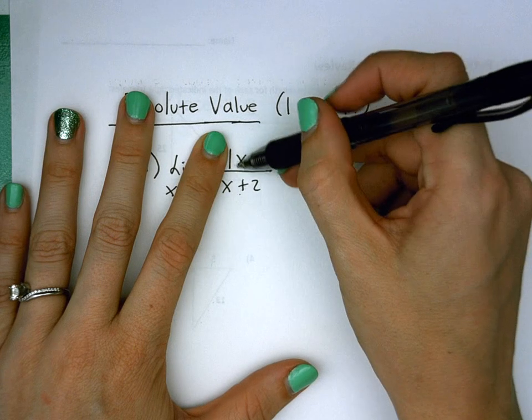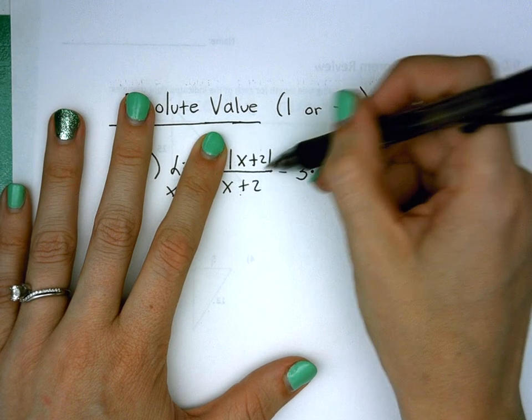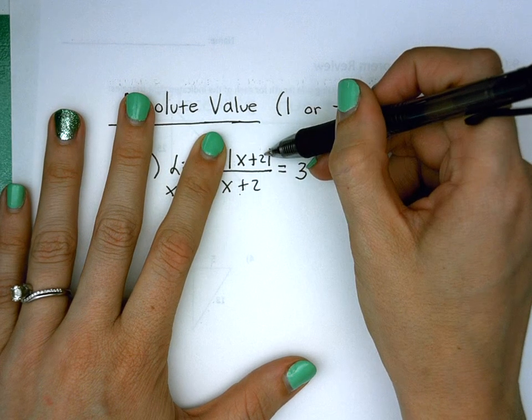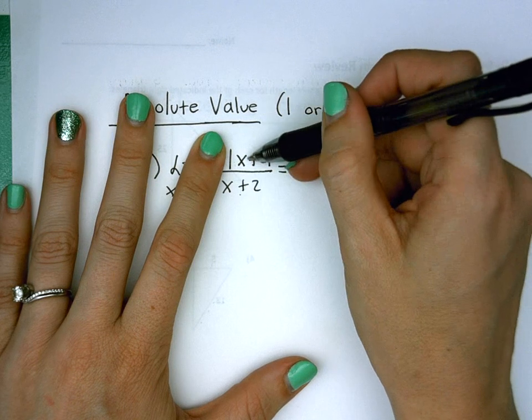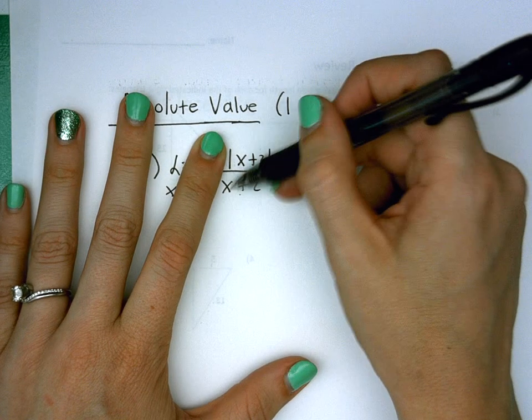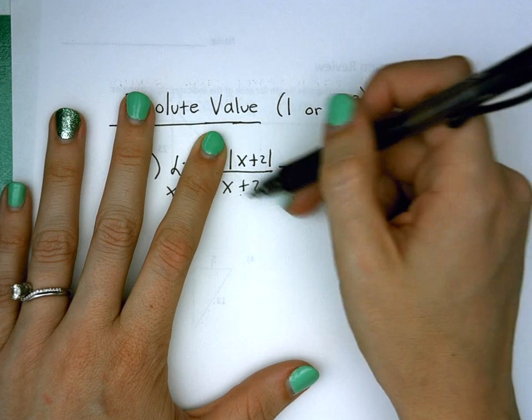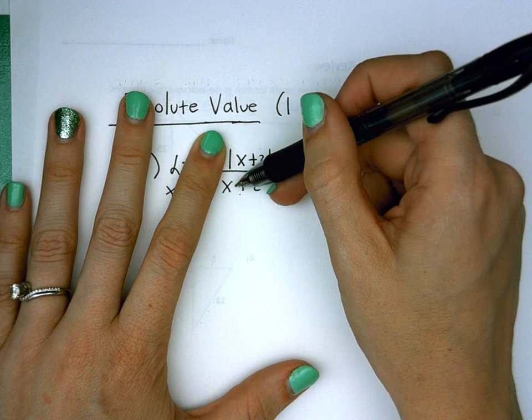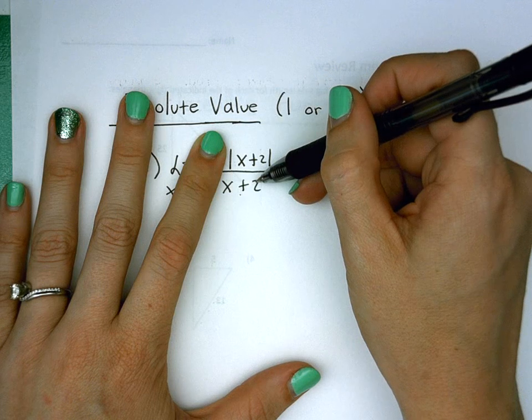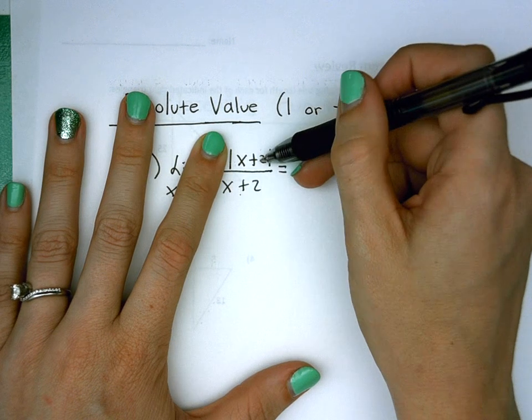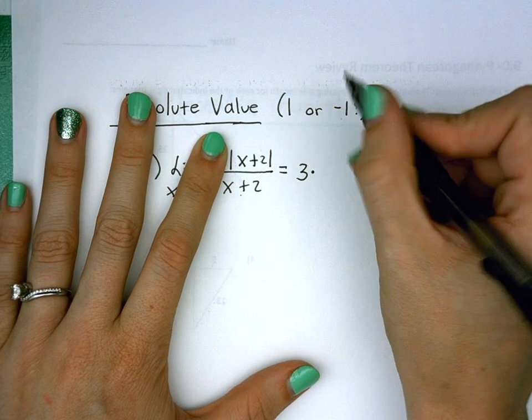If I were to plug -4 into the top, would I have a positive or a negative number? I would have a positive, right? Anything absolute valued is positive. Divided by, if I plug -4 in down here, what would I have, positive or negative? I'd have a negative. So a positive divided by a negative is a negative.